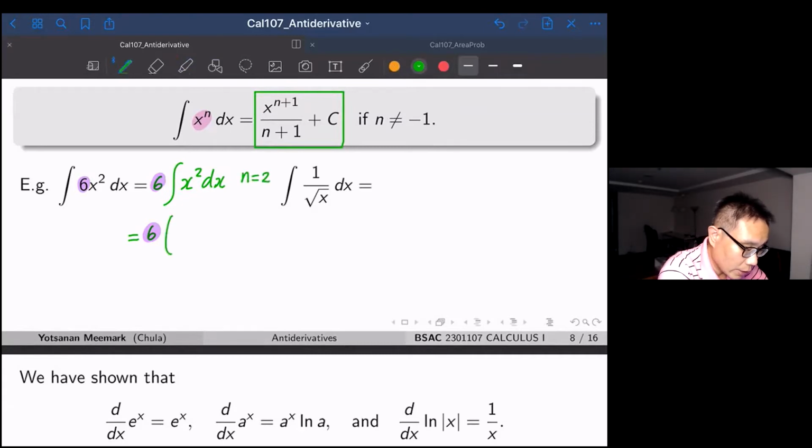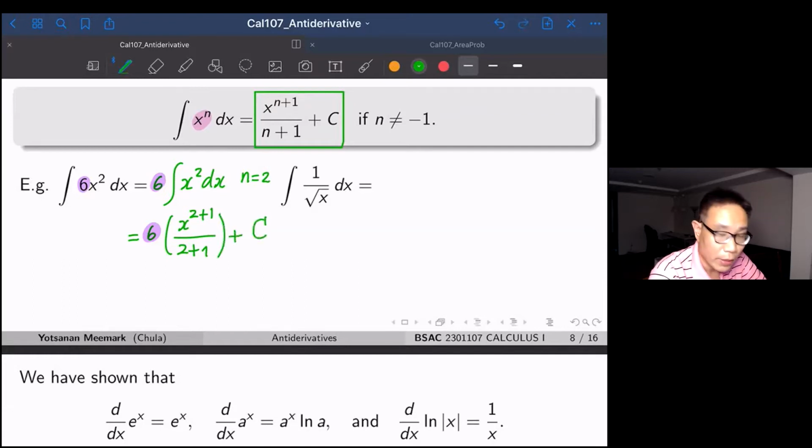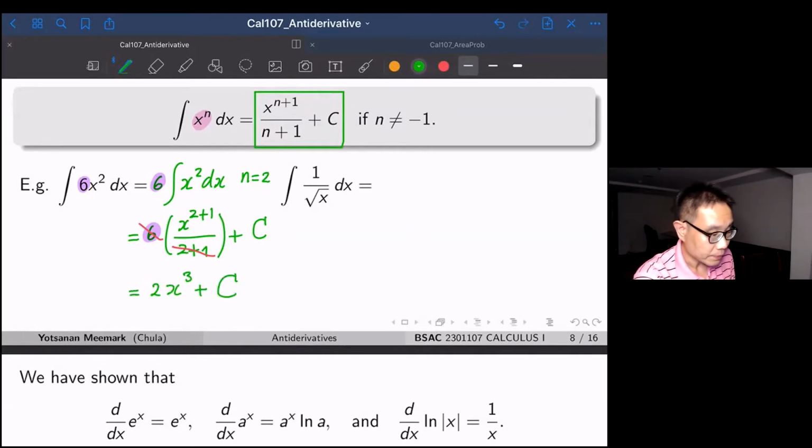So you're going to get x to the 2 plus 1 over 2 plus 1 plus c. So you just integrate this and add c, and we are able to get rid of this. So you would get 2x cubed plus c.